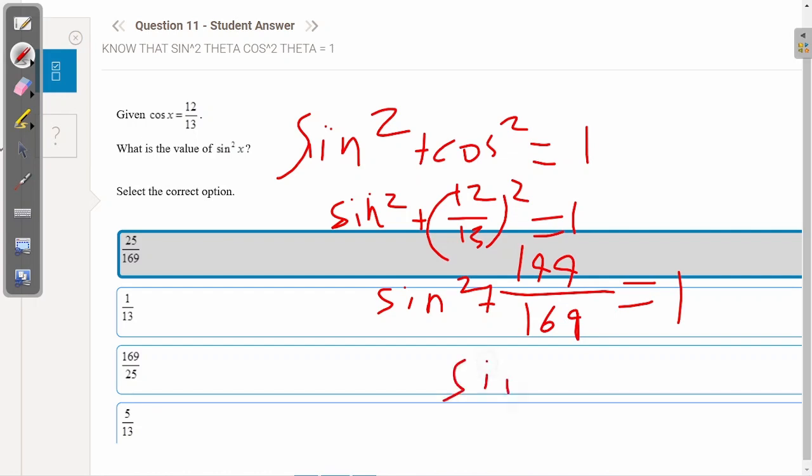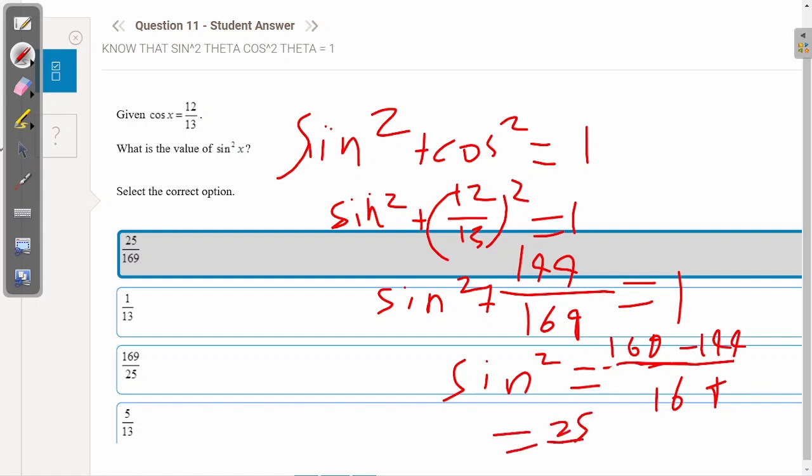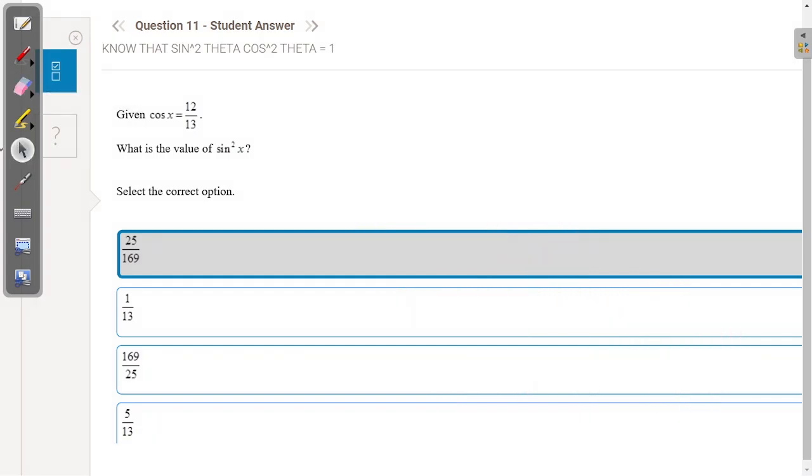Sine squared equals 1, which is like 169 over 169, minus 144. Okay, it will be equal to 25 over 169. You want sine squared, so you don't need to square root.